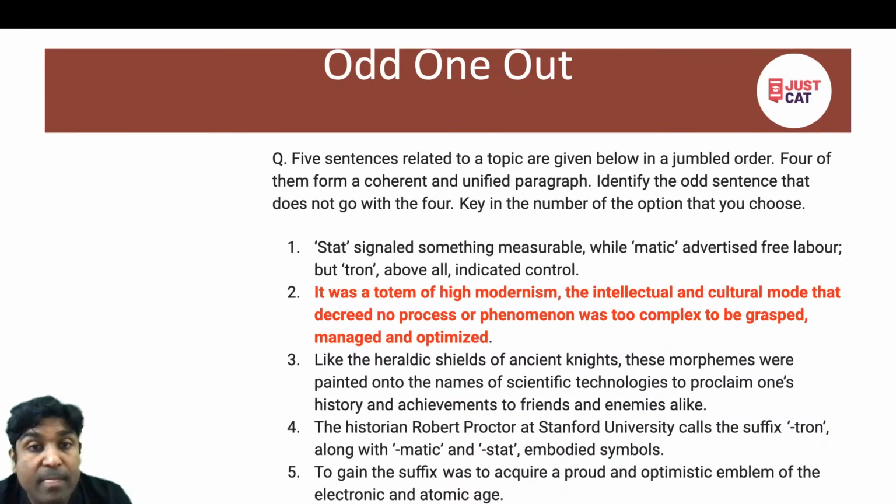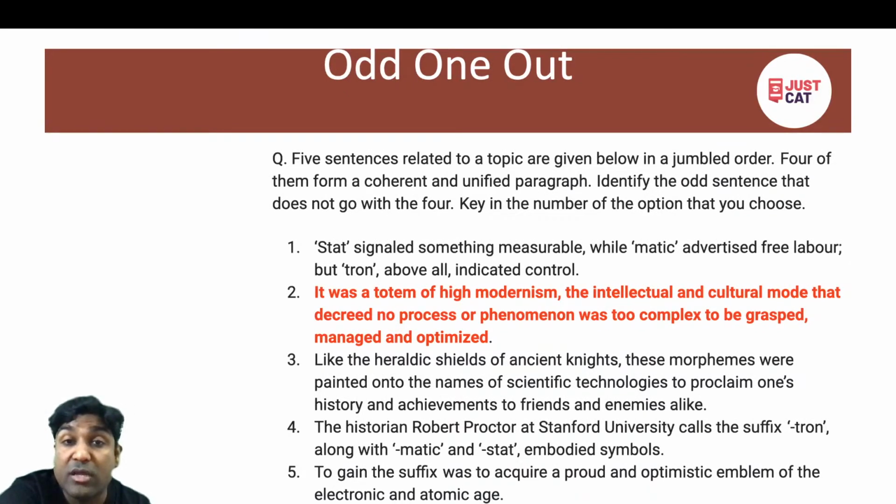Next comes, so we know that this paragraph is about these suffixes like tron, matic, and stat, and definitely it is connected to scientific knowledge. So there is a certain amount of status or chivalry or arrogance or respect associated with them, because they have spoken about the heraldic shields of ancient knights, and they have also said in four that these are embodied symbols, that these symbols carry a lot of meaning.